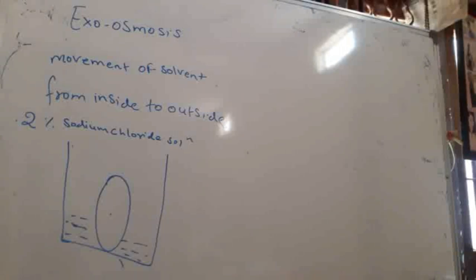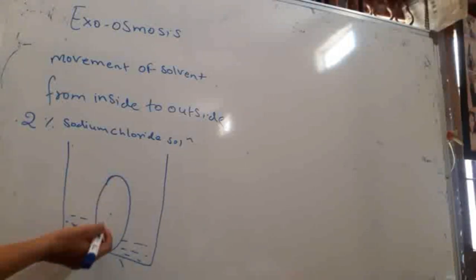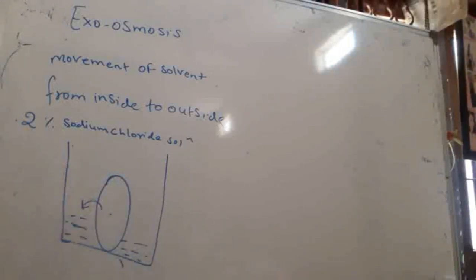When RBC is kept inside a 2% sodium chloride solution, what will happen? Water from inside the cell will come out of the cell, since this 2% NaCl solution is a hypertonic solution.